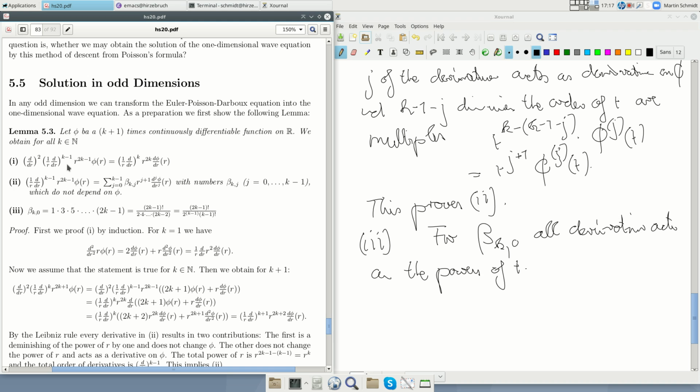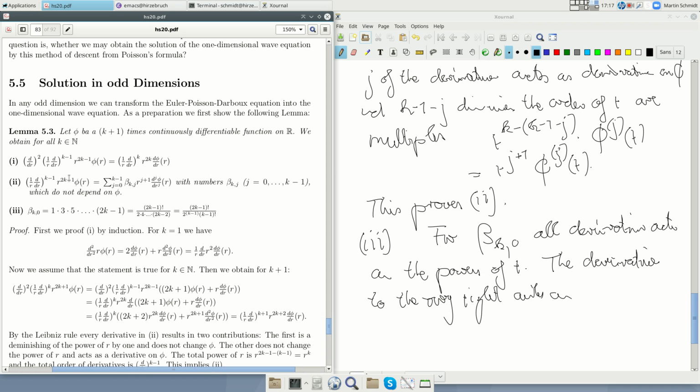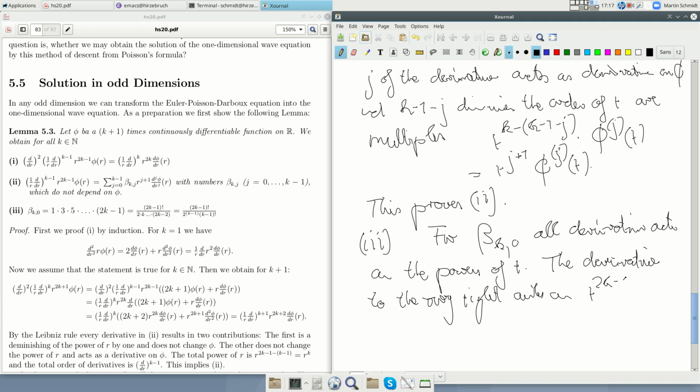The derivative which is to the very right of all these powers acts on, clearly, r to the power 2k minus 1. So this gives a factor 2k minus 1, r to the power 2k minus 2.